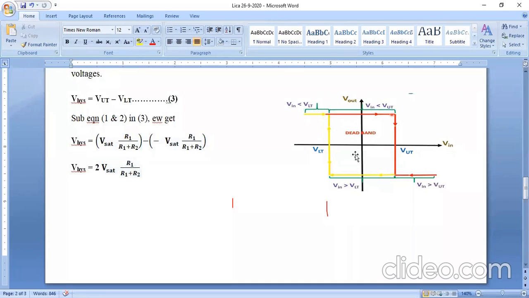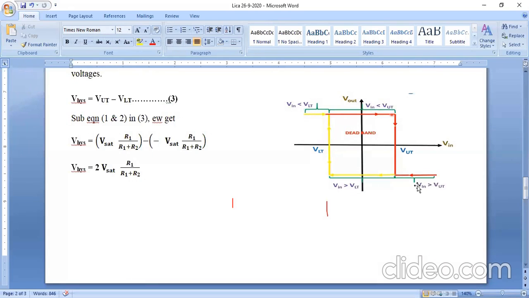If we analyze the transfer characteristics of the inverting comparator, if the input voltage is less than the lower threshold, the output is positive saturation, and the voltage peak is experienced with respect to the upper threshold. If the input voltage is greater than the upper threshold, the output is negative saturation, and the voltage is experienced with respect to the lower threshold.